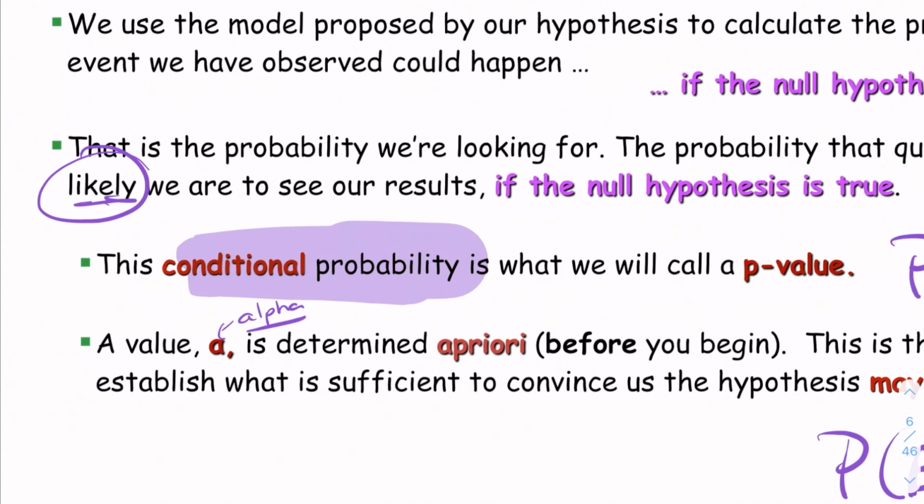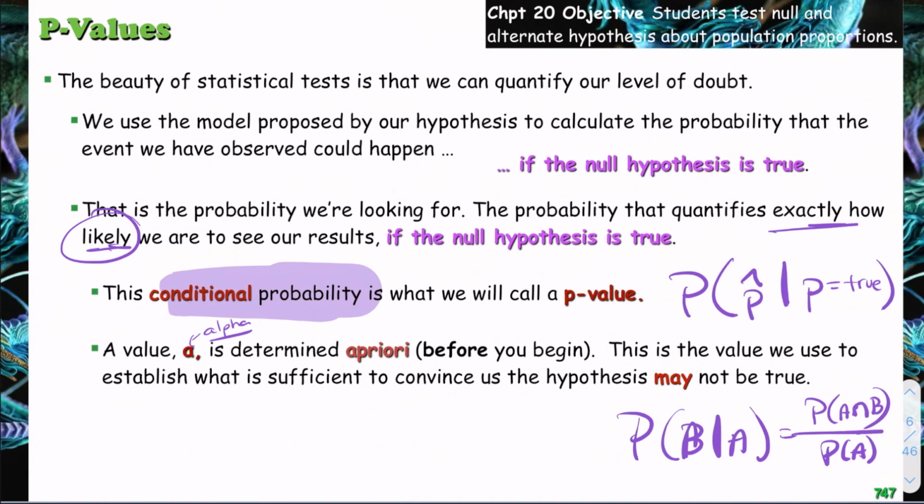Sounds familiar, kind of like confidence level. This is the value we use to establish what is sufficient to convince us the hypothesis may not be true. So what probability would be small enough to convince you that the data that we found is unlikely? And this is what we call the alpha level.